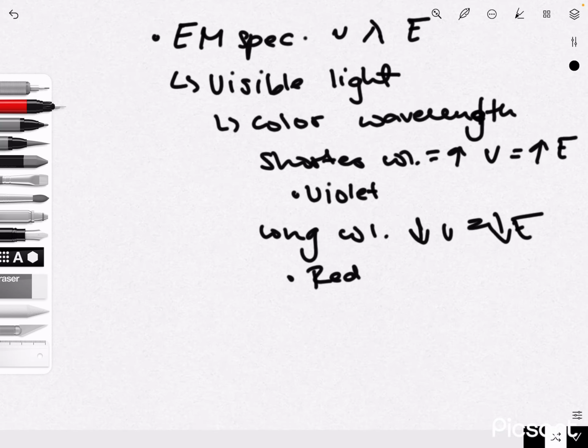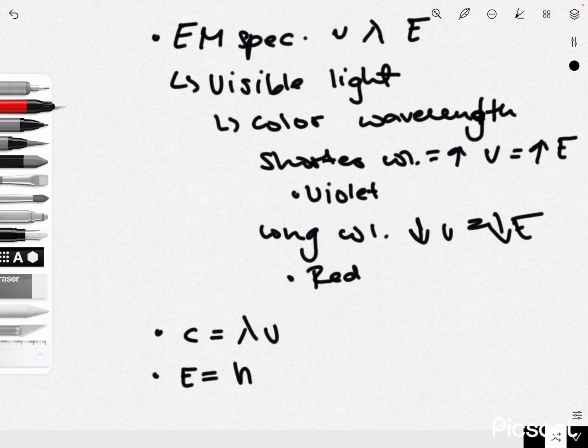Just some formulas to bring all of this together. The speed of light equals wavelength times frequency. And secondly, energy is equal to Planck's constant, which is a value which will be given to you in the exam.